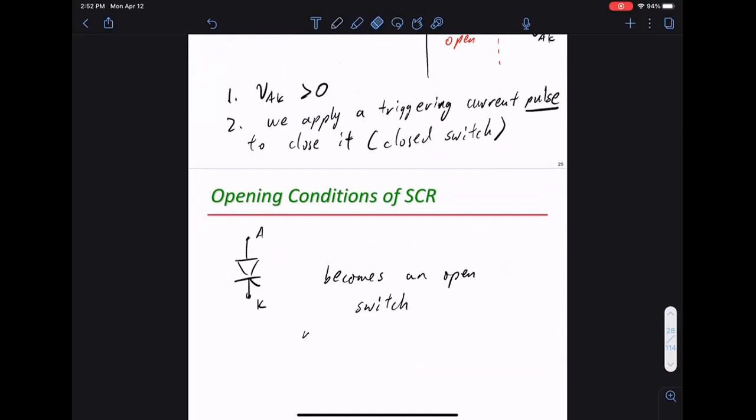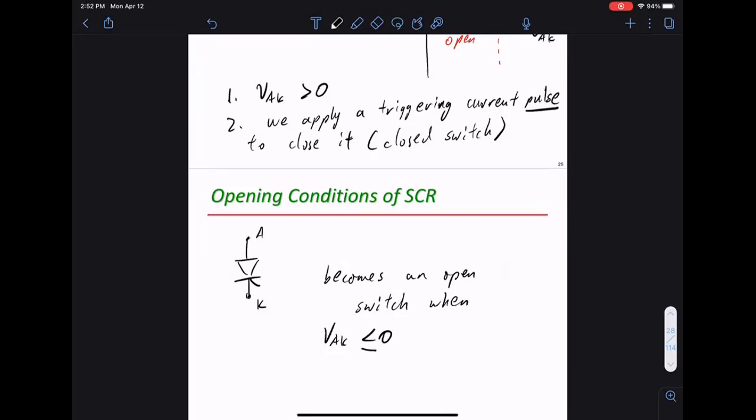We'll have a pretty simple condition: whenever this thing hits zero again. This will become open when the voltage across it becomes less than or equal to 0.